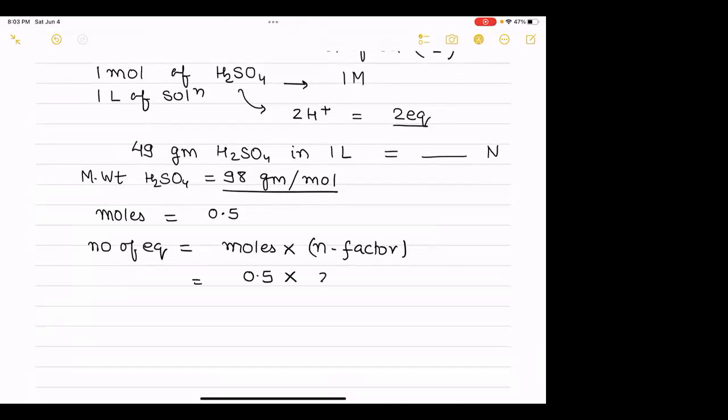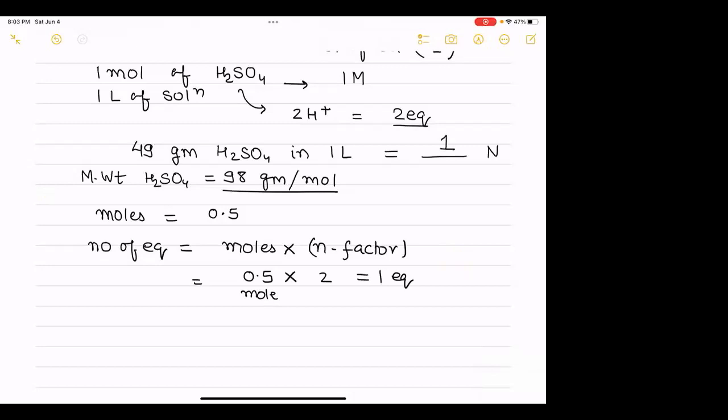That is 2, because this 1 mole is giving 2 H plus ions, so it is effectively equivalent to 2. So it is actually how much? 1 equivalent. Moles into N factor equals equivalents. So this is 1 equivalent per liter, right? So it is a 1 normal solution, right?